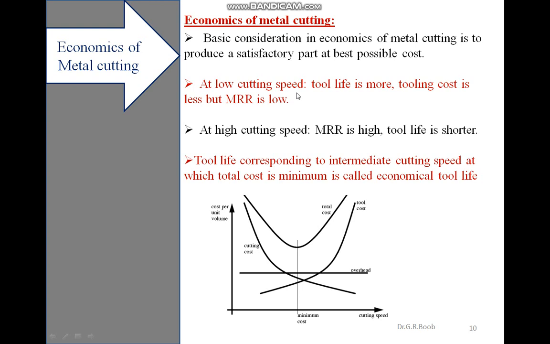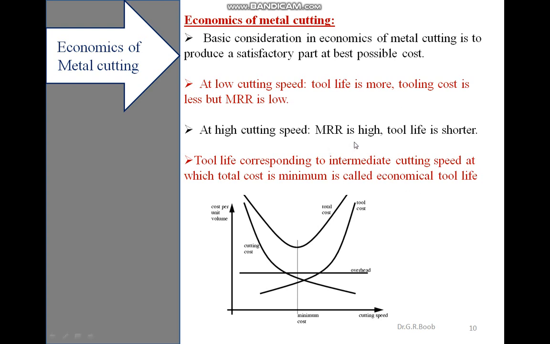At low cutting speed, tool life is more and tooling cost is less, but metal removal rate is low. Suppose we consider lesser cutting speed, tool life will obviously be more, tooling cost will be reduced, but metal removal rate will be low and the production time will also increase. At high cutting speed, what will happen?